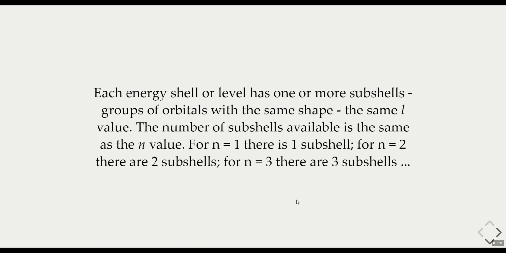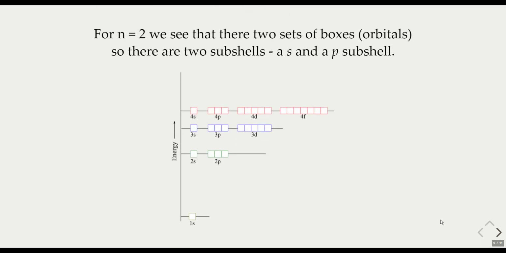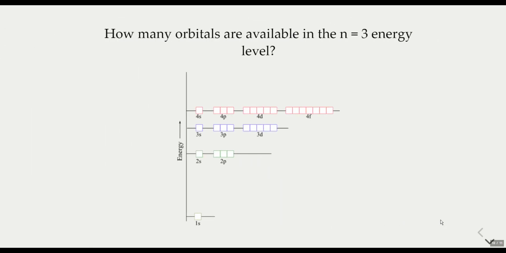Every time we go to another energy level, another shell becomes available. And by the way, they are referenced by this L quantum number. Every time there's another L value, there is another shape available. So here's the final answer. We can also refer to these as the S and the P subshells.